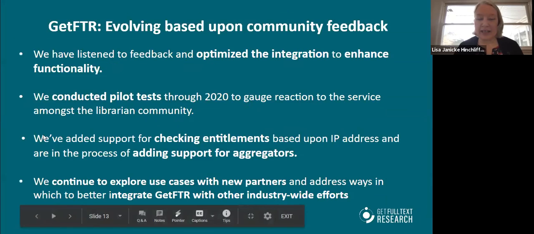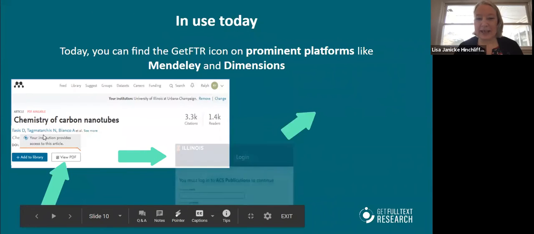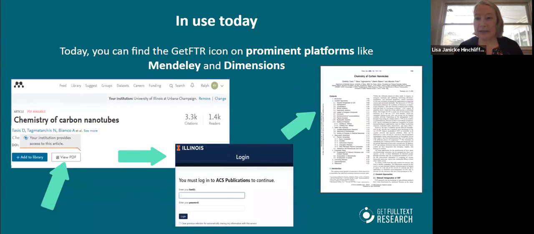I think the Mendeley slide in particular helps us see this. Let's pretend I'm the researcher. Mendeley says, oh, your institution is the University of Illinois at Urbana-Champaign. So Mendeley knows my affiliation, but it doesn't have the ability to assert that authentication. It can just use that affiliation to ask the publisher site, does somebody at the University of Illinois get to use this article?